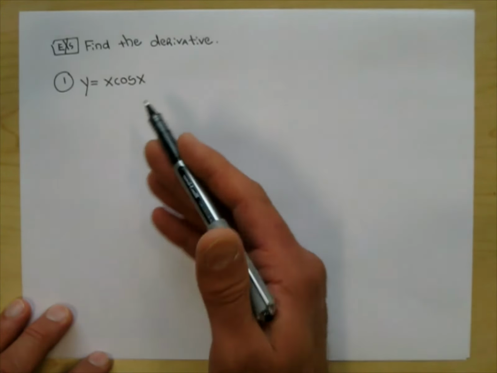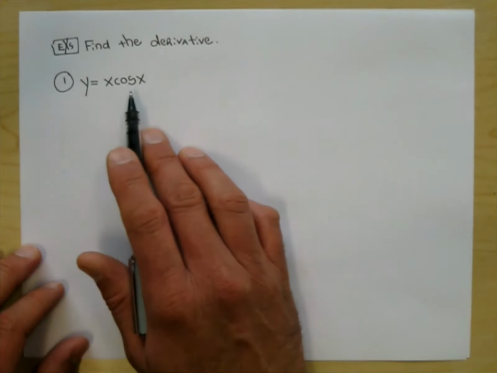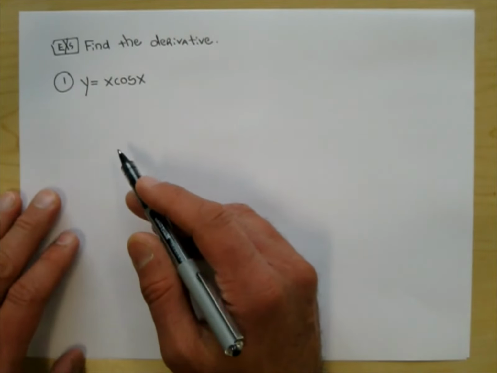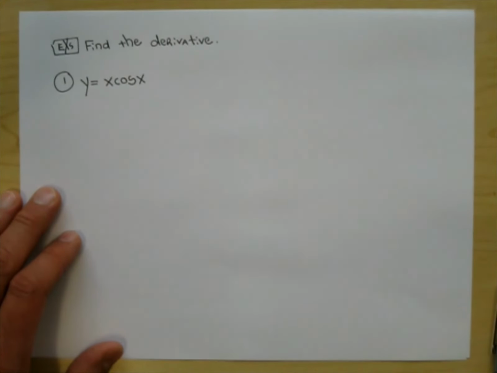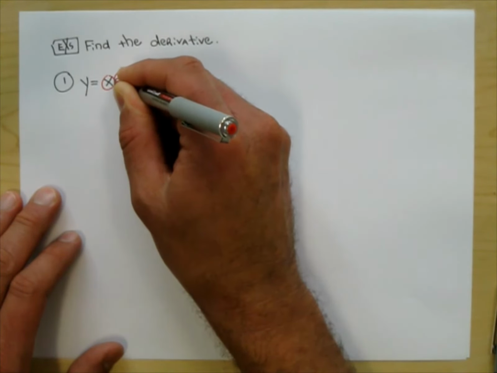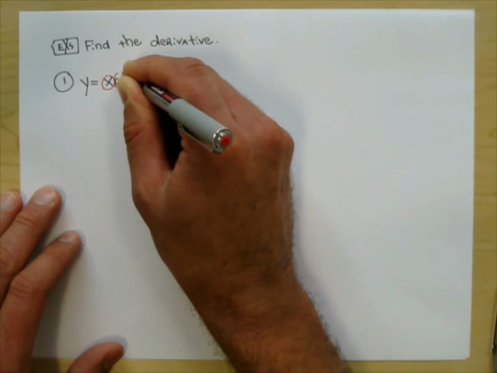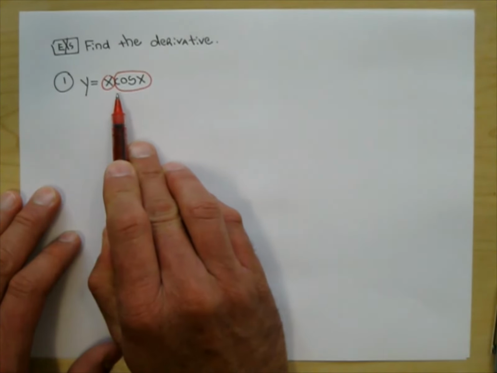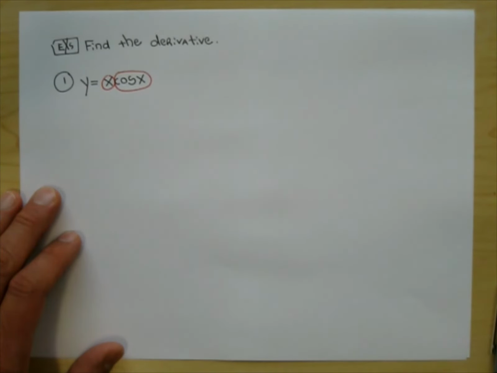I haven't done anything with the product rule yet, but let's go ahead and take the derivative. We have the product rule. So this is x times the cosine x. So there's the first, there's the second. I'm going to do the product rule.